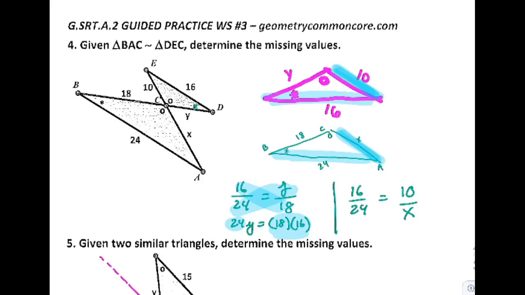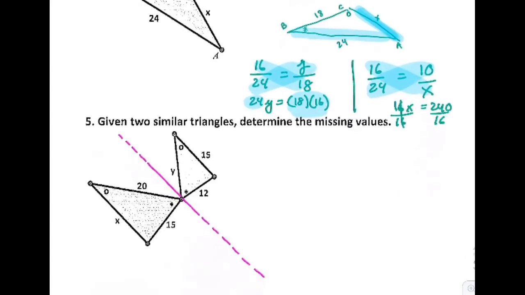And over here, I have 16x equals 240. Multiplying by 10 is pretty easy. And when you divide 240 by 16, you get x equals 15. So again, redrawing them next to each other is the key to the whole thing.